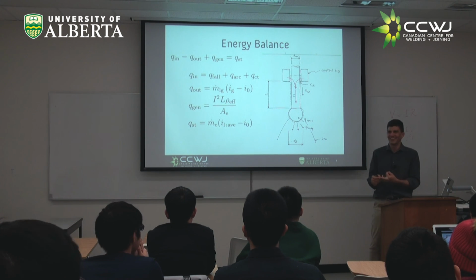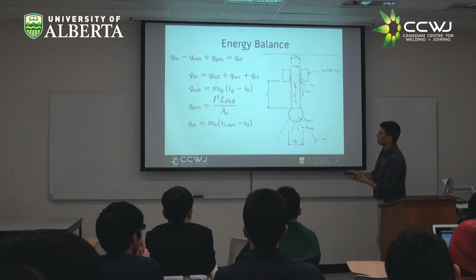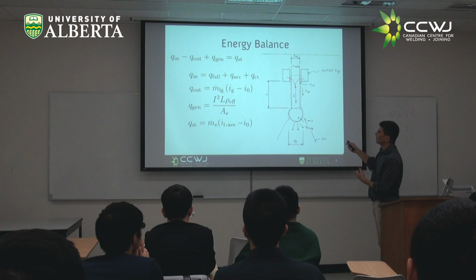Now, remember thermodynamics, in which you have enthalpy. Enthalpy is the amount of heat the material contains. So here we have the flow of wire, the amount of mass of the wire coming in, times the enthalpy of the droplet, at whatever average droplet temperature the droplet has, minus the starting enthalpy.